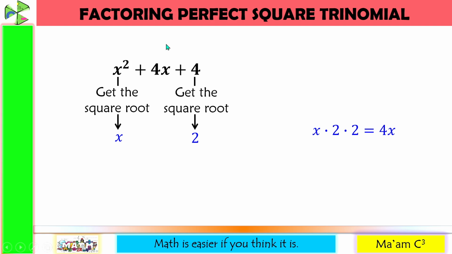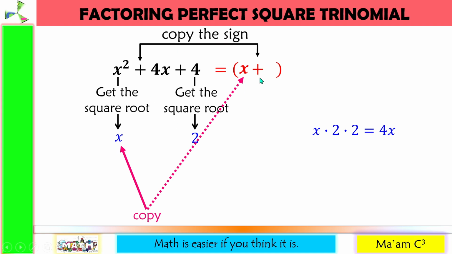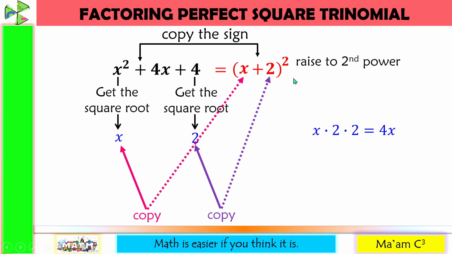Notice that the product is equal to our middle term. So now for the factors, one set of parentheses. Let us copy this one here. So it is x. Copy the sign of the middle term. So this is plus. Copy this one here. So this is 2. And finally, raised to the second power. These are the factors of x squared plus 4x plus 4.